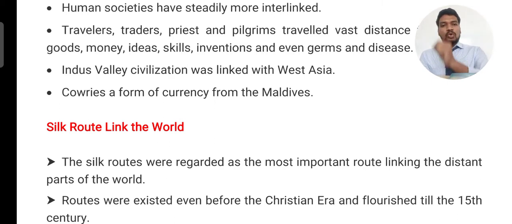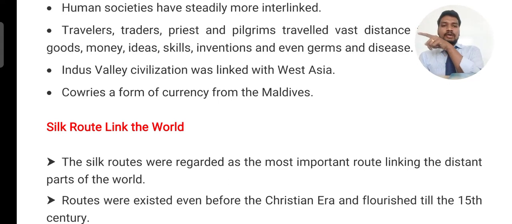So this route is called the Silk Route, where the important products from China, from East Asia, were traveling to Europe. The important goods from China were traveling to Europe.